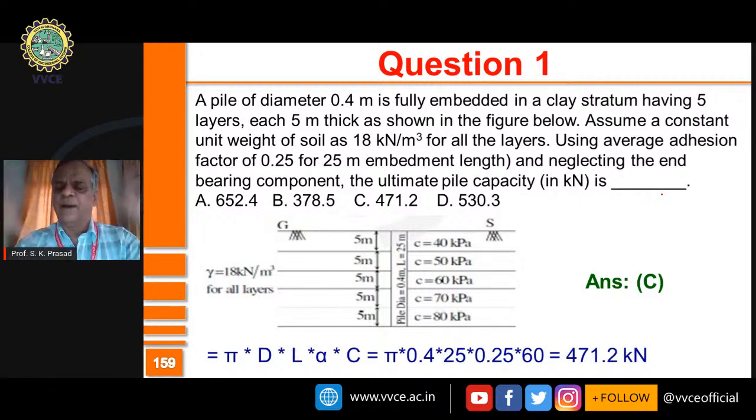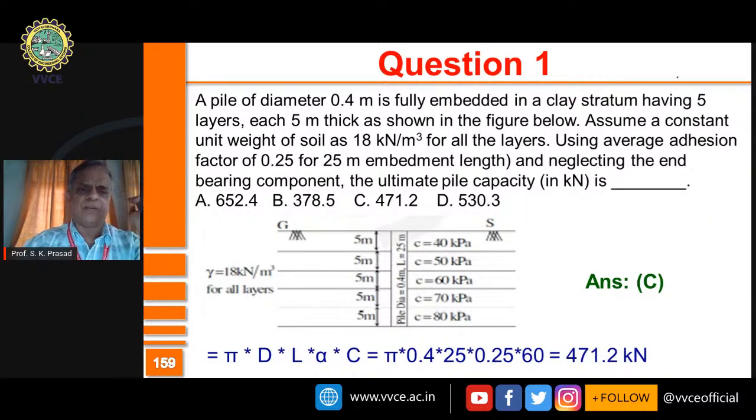So here I taught you three methods: static capacity, dynamic capacity, and from pile load test. Let us try to solve the problems, and maybe I'll take you on to the first problem.